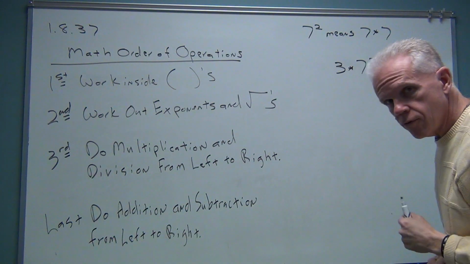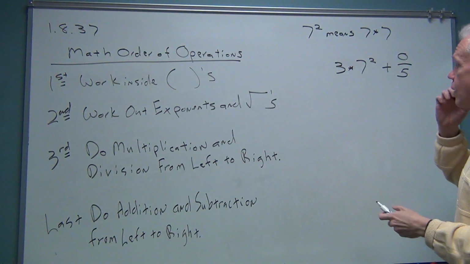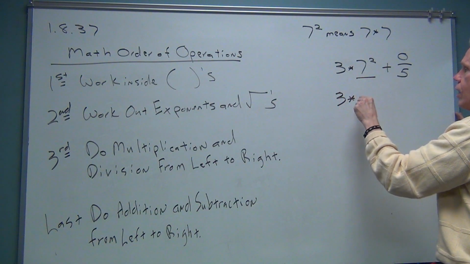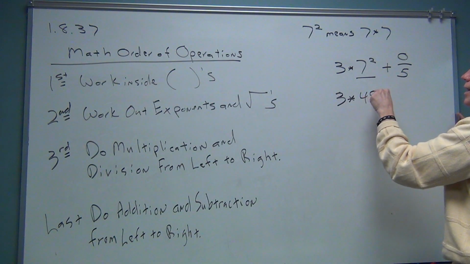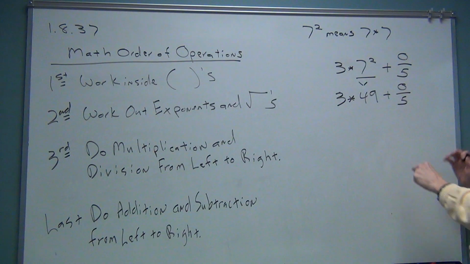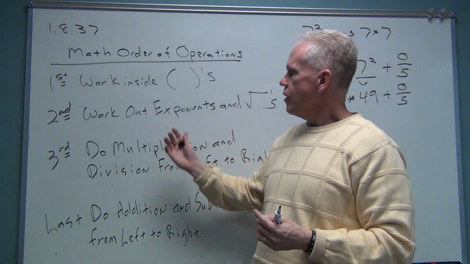Doesn't mean 7 times 2, okay? 7 squared is 7 times 7. So my first step in this problem is to do 3 times 49 plus 0 over 5. So I took care of the exponent.